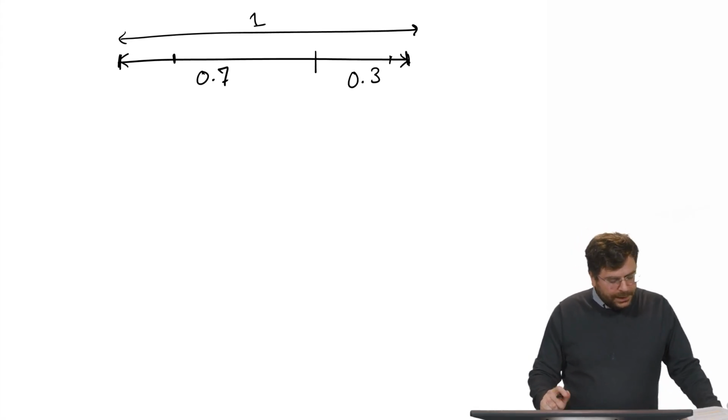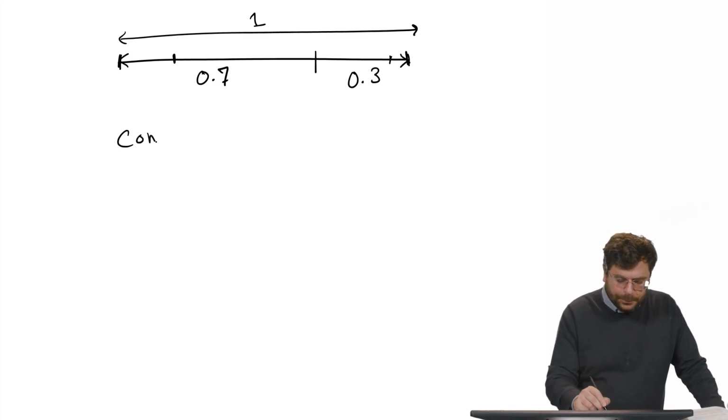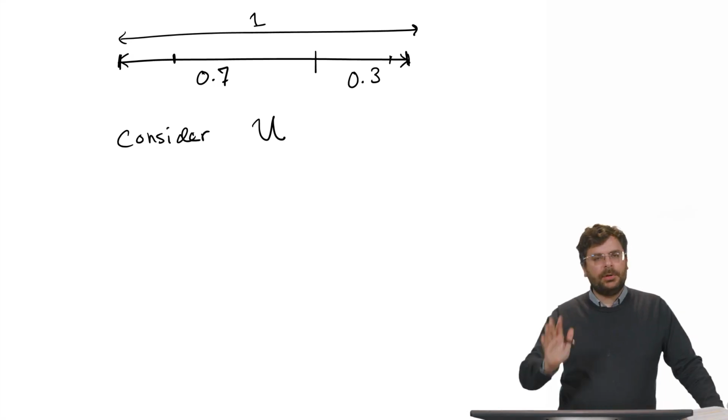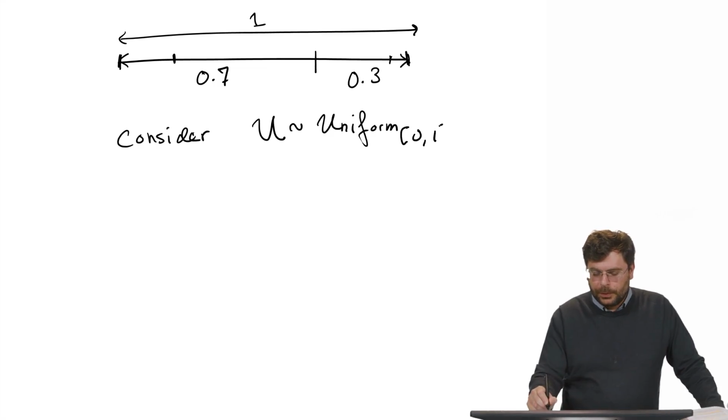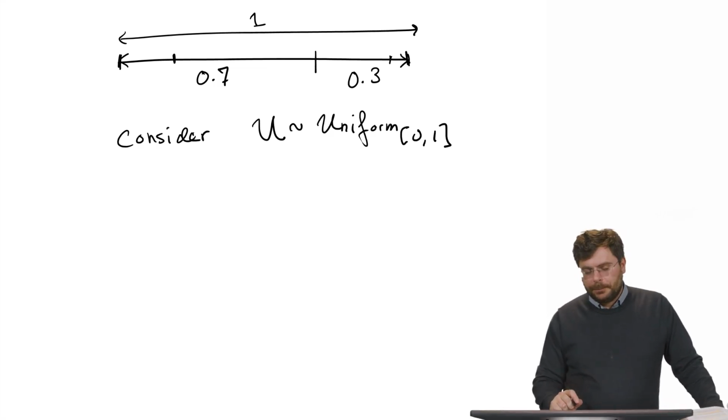So what we will say is that we will consider drawing a uniform random number. I'm going to refer to that as big U, from a uniform distribution over the range 0 to 1.